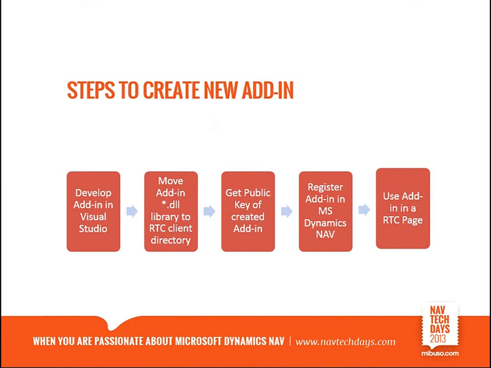The fourth step is to register your add-in inside of the NAV application. This is also very simple. You just open a specific table, add a name and the public key token, which we just received in the third step, and that's it. And the last step, of course, is integrating our created add-in in a page, doing development inside of NAV.